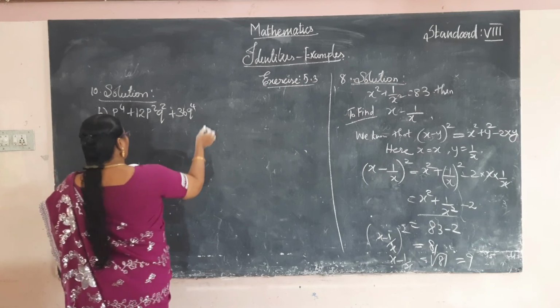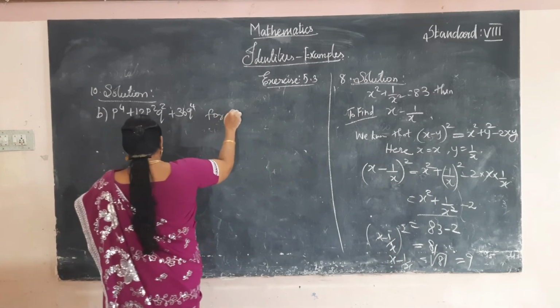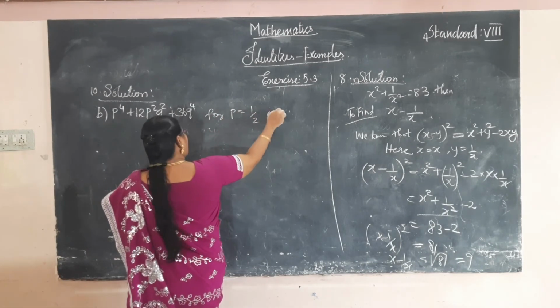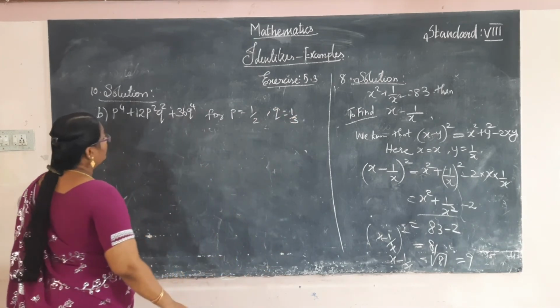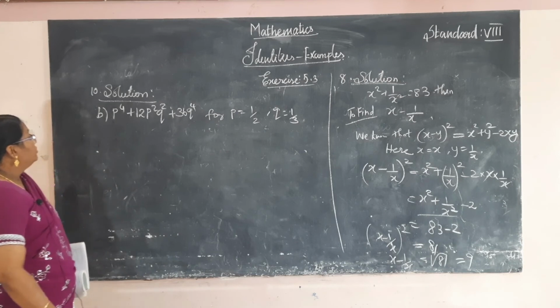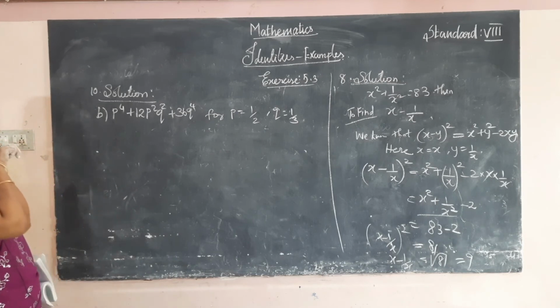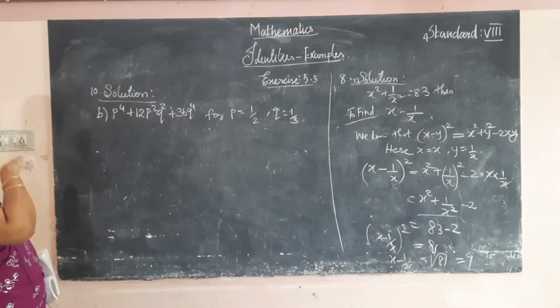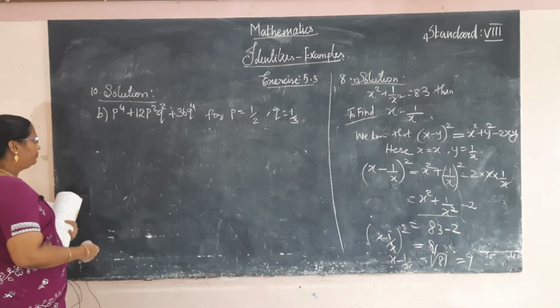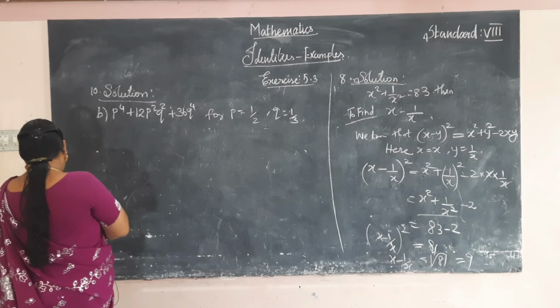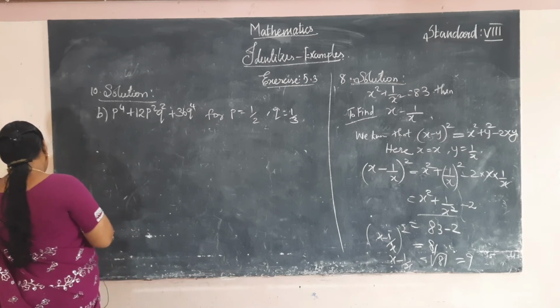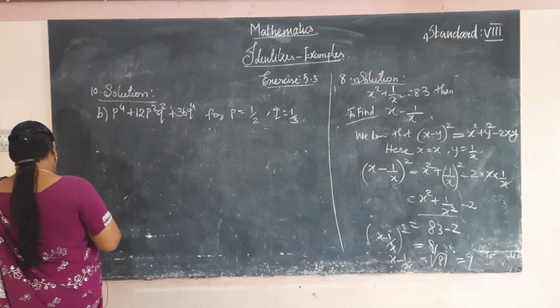Okay, for p is equal to 1 by 2, q is equal to 1 by 3.